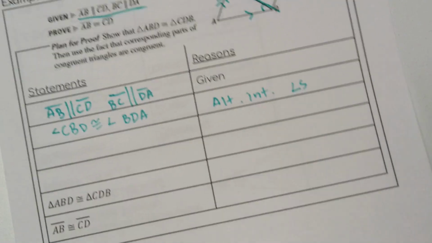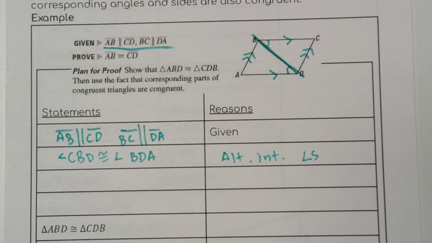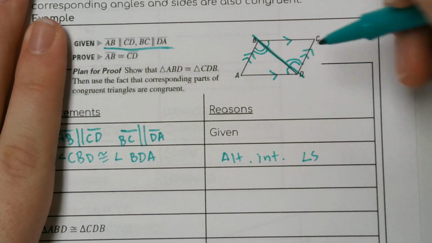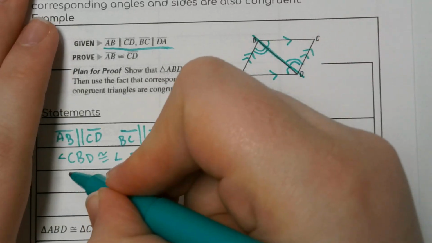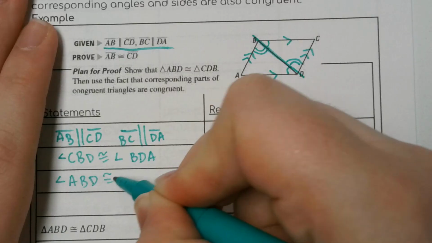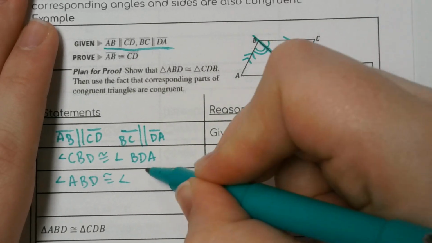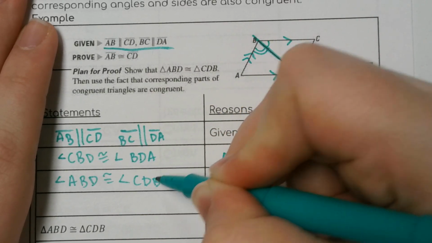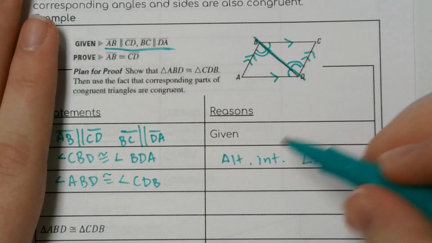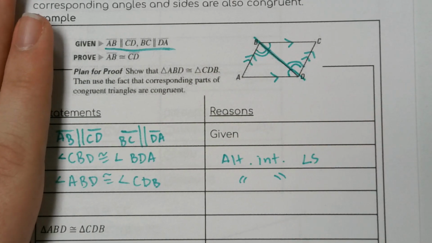Okay, there's another pair of angles that I can say are congruent. So we got this angle right here and this angle right here. So angle ABD is congruent to angle CDB. Okay, and those are also the same thing. So I'm just going to put that.